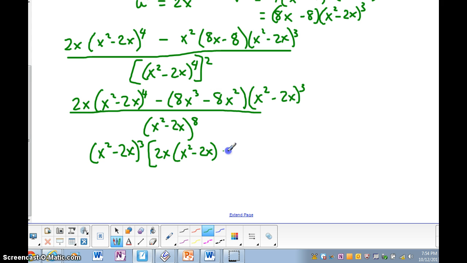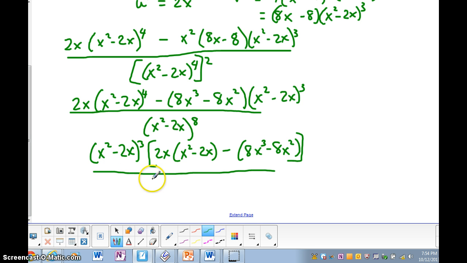Here I'm going to be left with a minus 8x cubed minus 8x squared. And now that we can, this is x squared minus 2x to the third power times this entire thing, we could cancel here 3 of the x squared minus 2x, and we'll be left with 5 on the bottom.